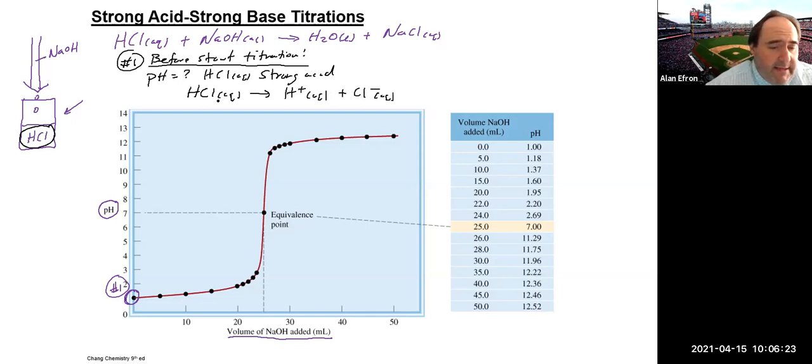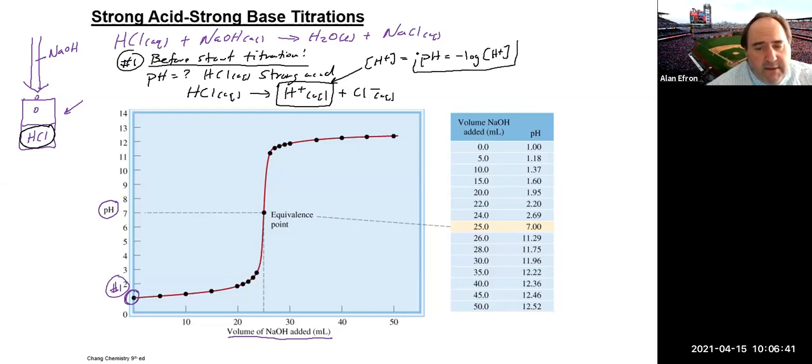This means that pretty much the concentration of the hydrochloric acid we're starting with is the H+ concentration, so we can go almost directly into our pH equation to figure out the pH of our solution before we begin.